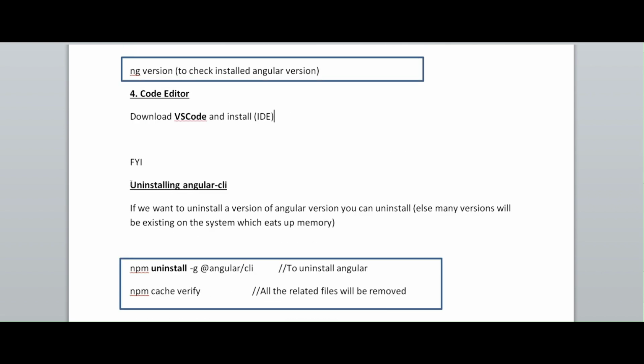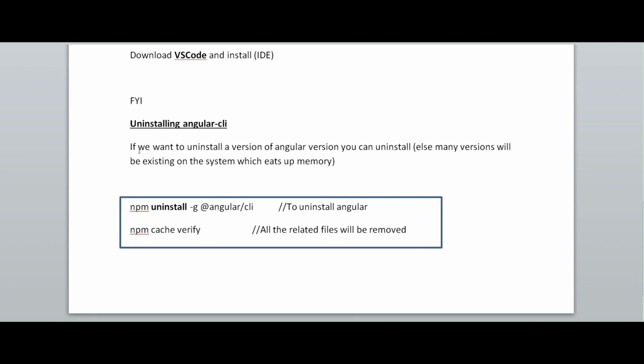And then this is just for your information. You can uninstall the Angular CLI. If at all you want to uninstall, you can use this command npm uninstall -g @angular/cli to uninstall Angular, and also you can give the version which you want to uninstall as well.